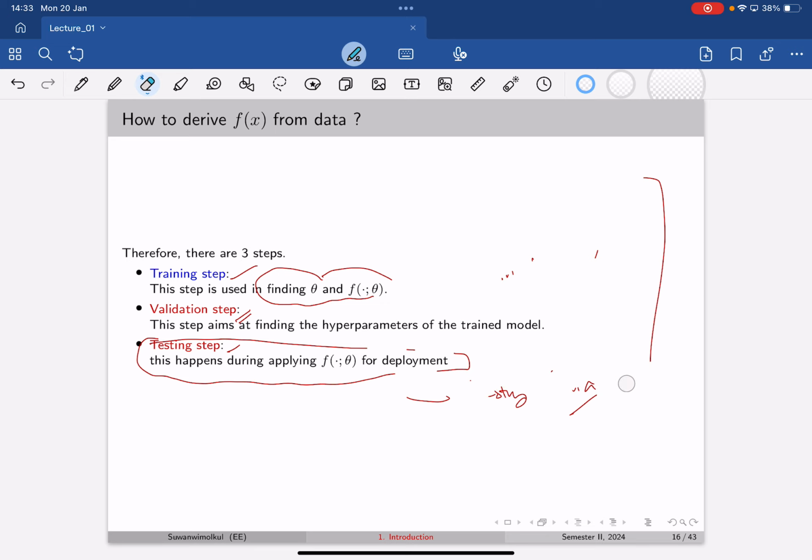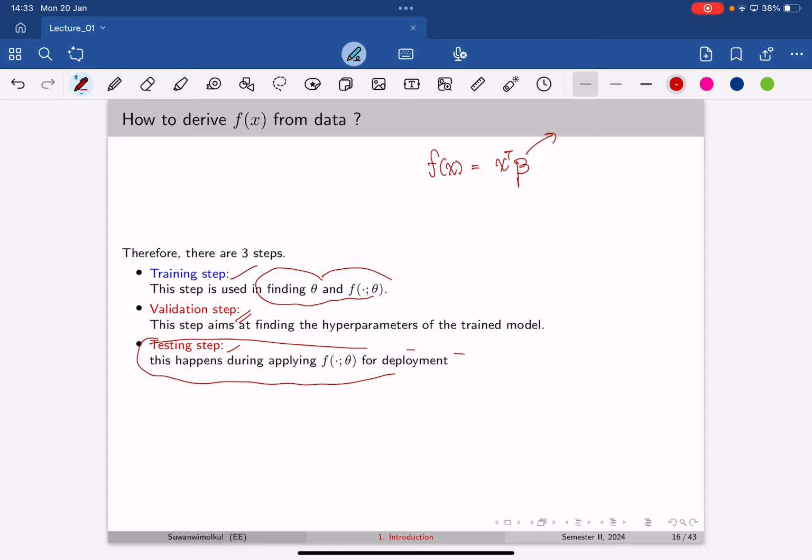Or maybe let me give you this example. If you have a linear model, linear regression, where your f(x) is equal to x transpose beta, and beta is your parameters. Let's say you may write this as x1 beta 1 plus x2 beta 2.